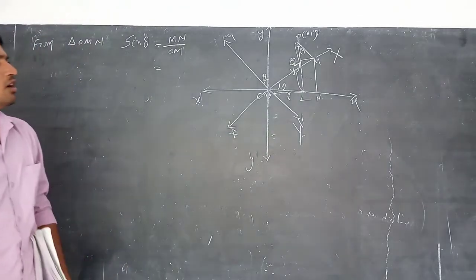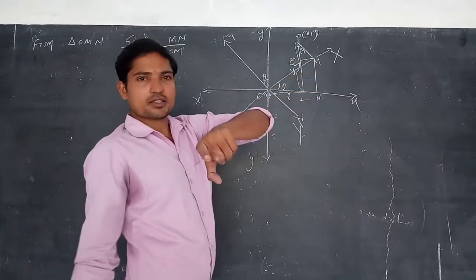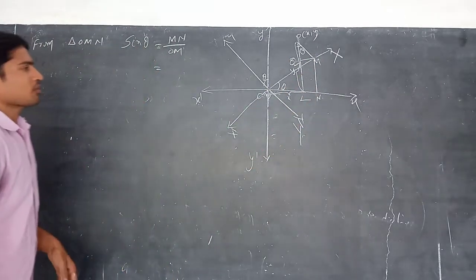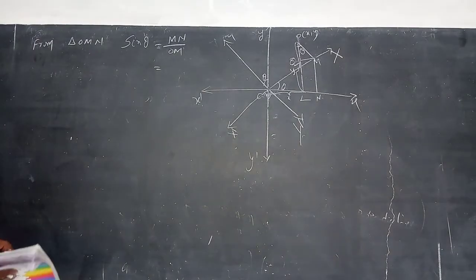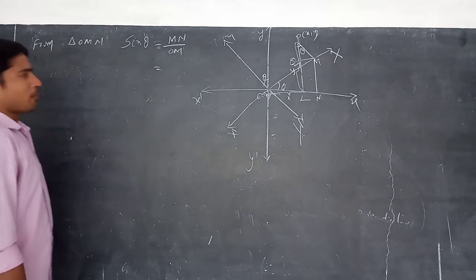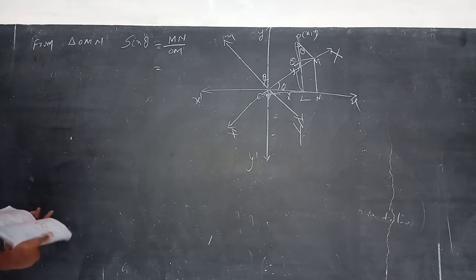If you know the value of QL, that can be taken as MN. At the same time LN can be taken as QM. So let us find the values of QL and QM.